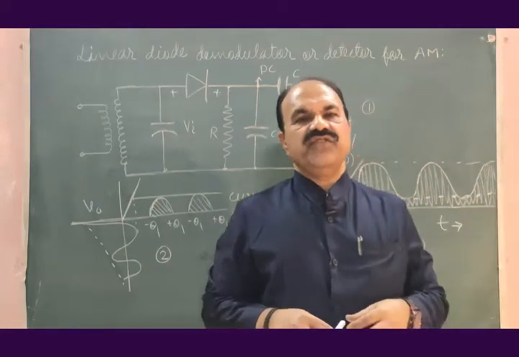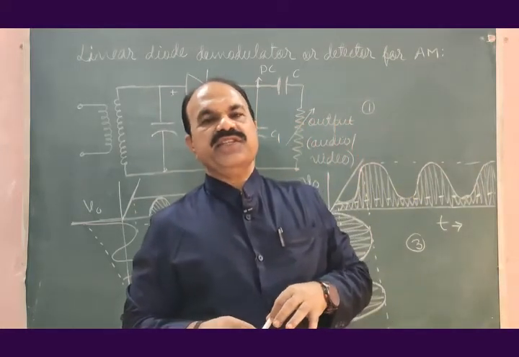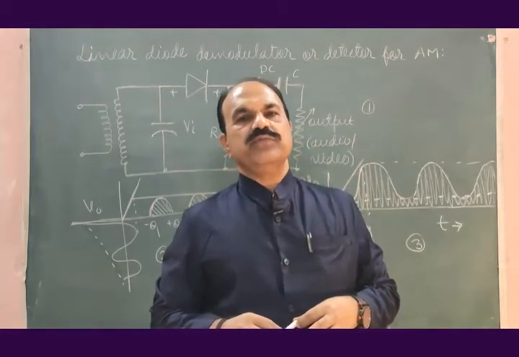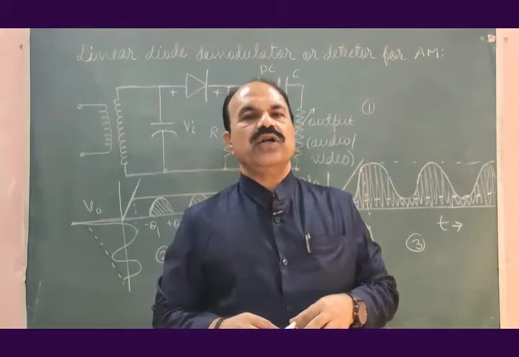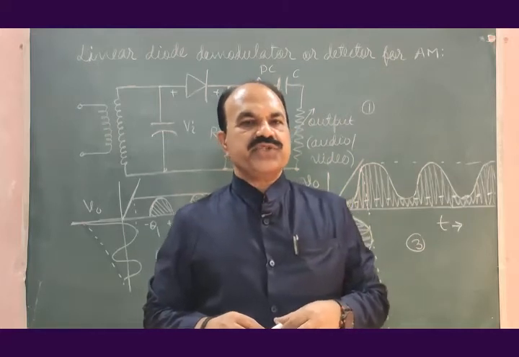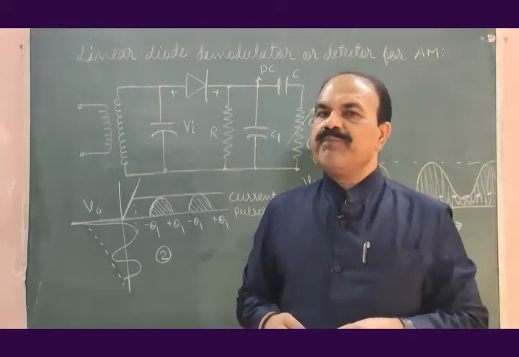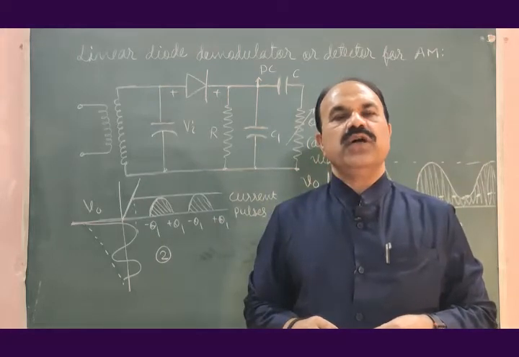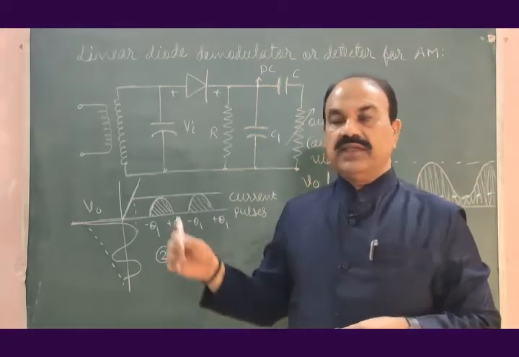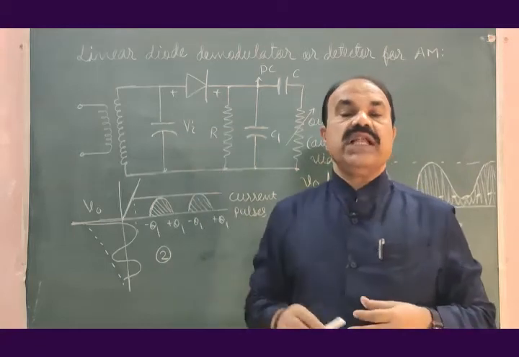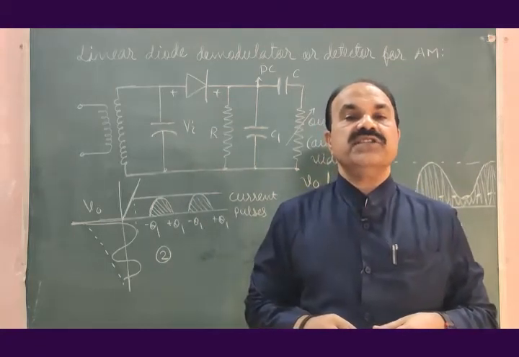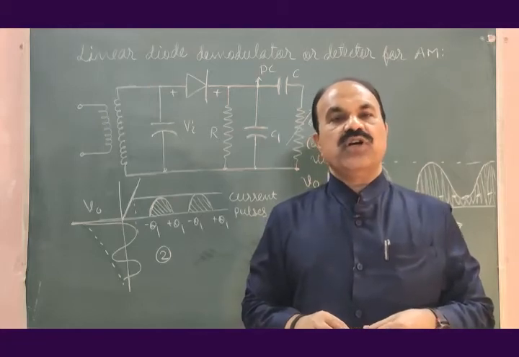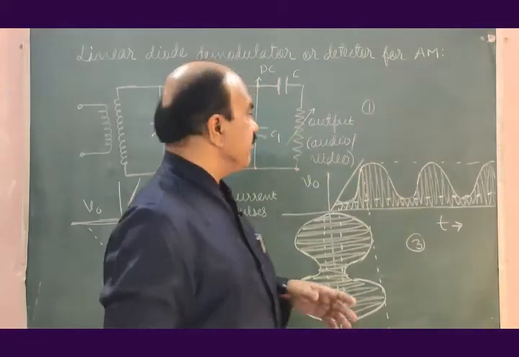The circuit which recovers the information from lower sideband or upper sideband is known as the amplitude demodulator or amplitude detector. So this is the last article for linear diode demodulator or detector for amplitude modulation.